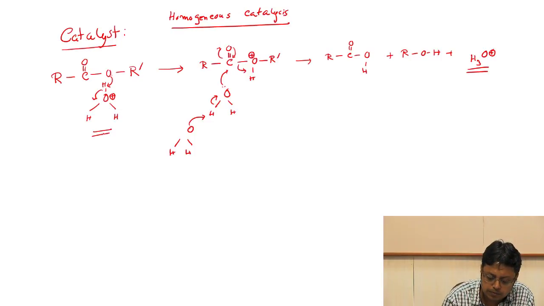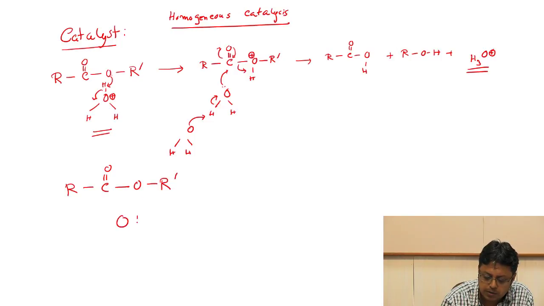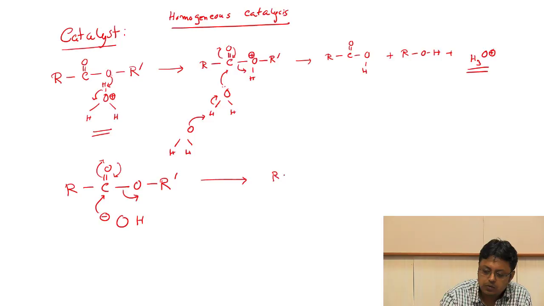Similarly, you could also think about this reaction proceeding via base catalysis, where instead of H3O plus I have OH minus, and OH minus directly attacks the center, and you can have a situation like R, C, O, OH, and then you have R, O minus.